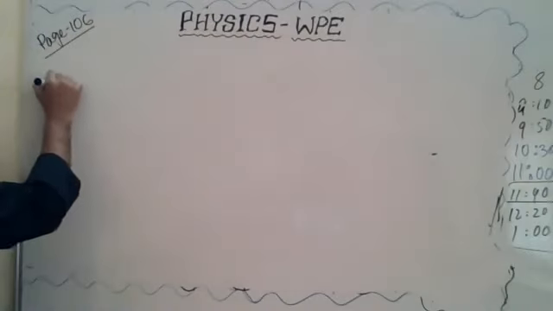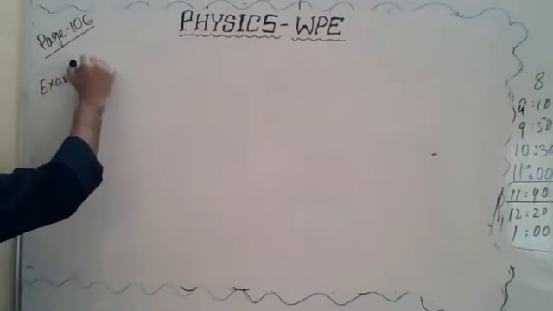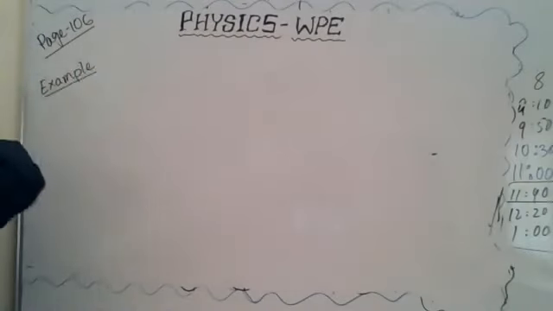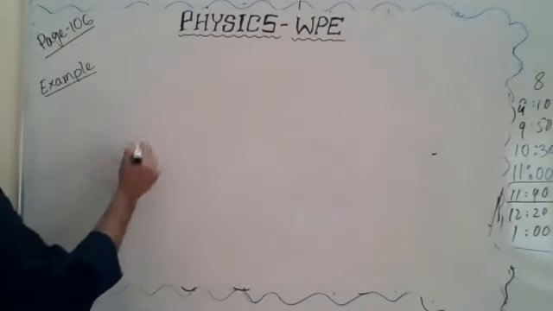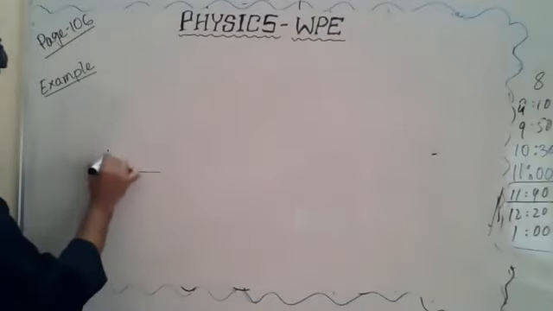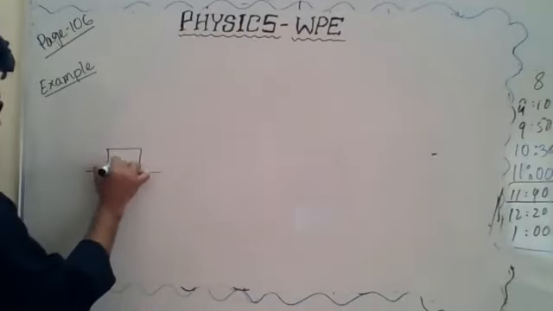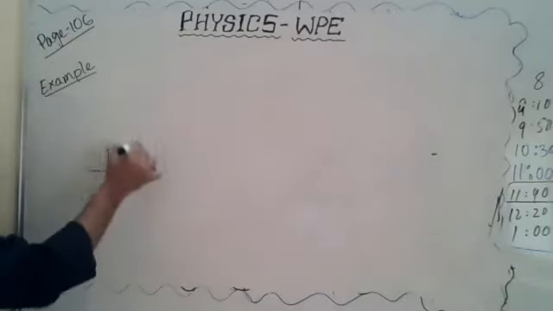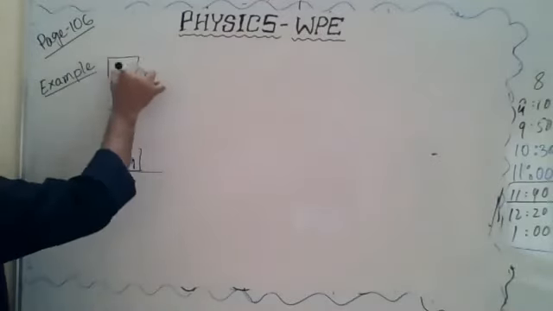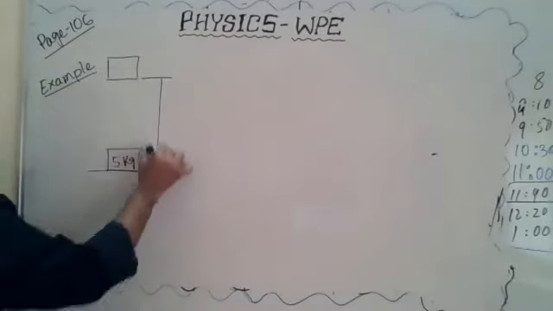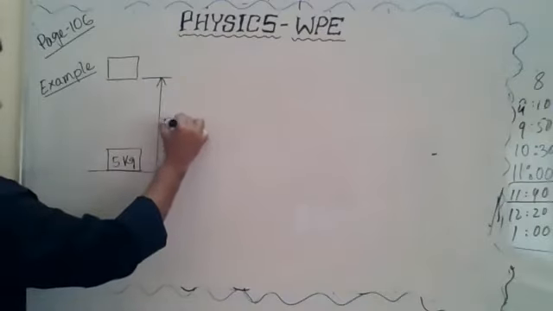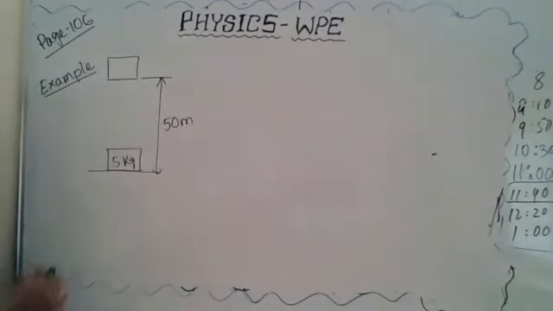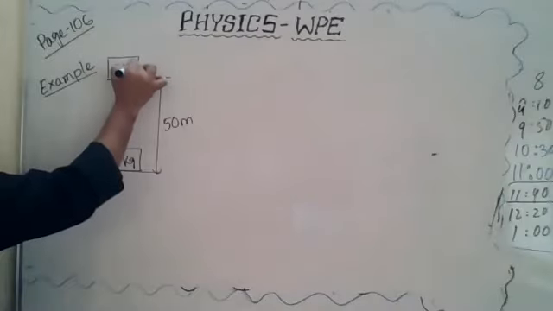So let us say I give you an example. Let us say I have an object of mass 5 kg on the ground, and I lift it to a height of 50 meter. This is the same object, 5 kg.